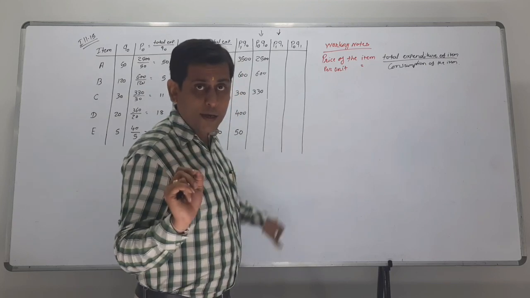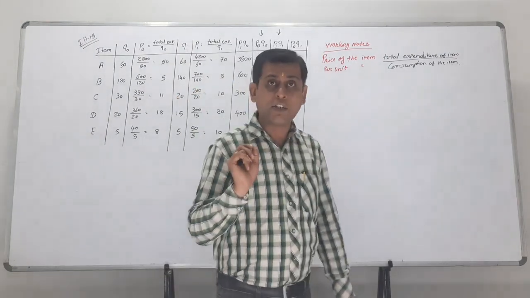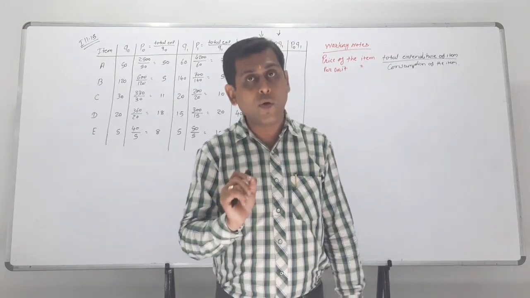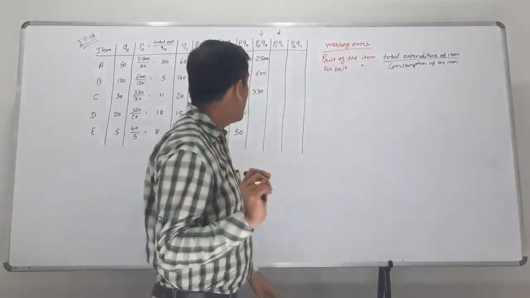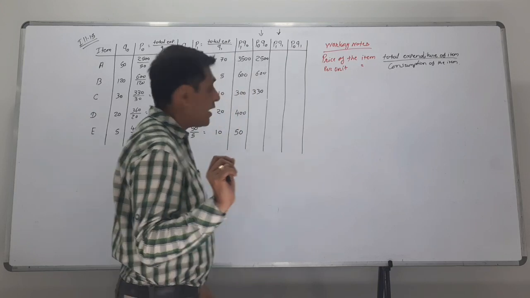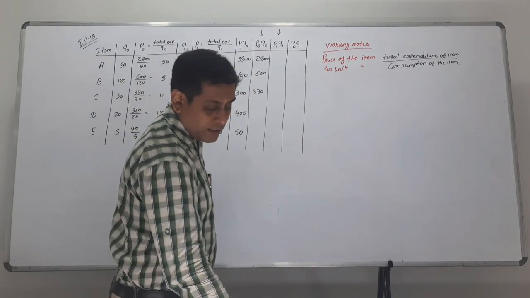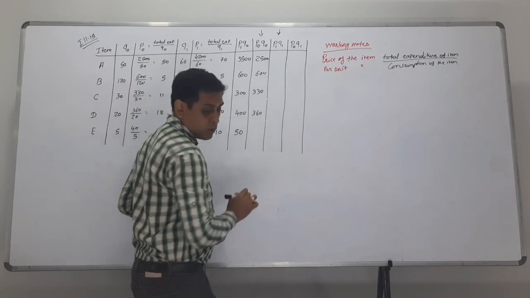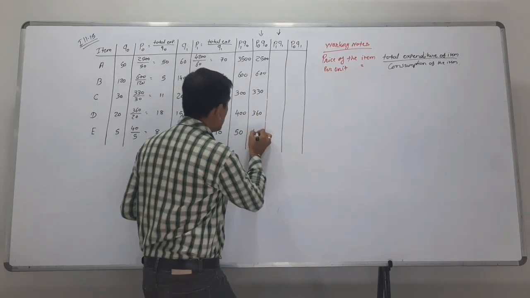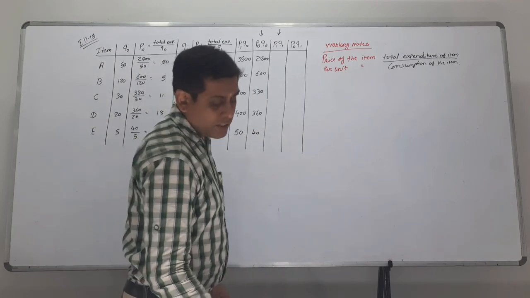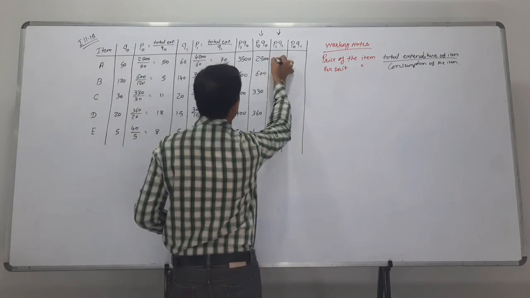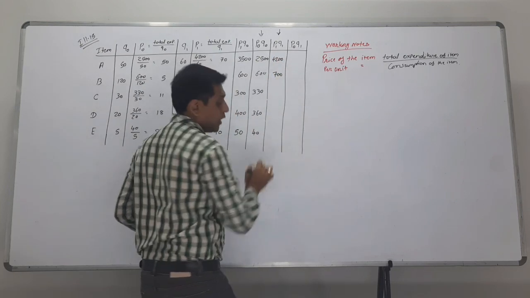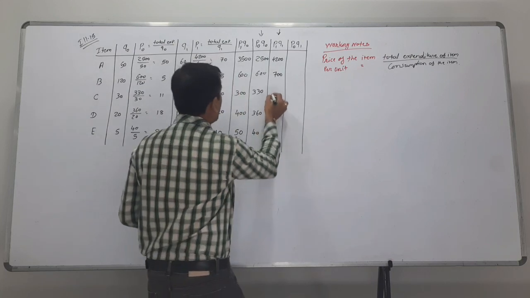So write that column directly: 2500, 600, 330, 360, and the last one is 40. Again, P1 Q1 is 4200, then 700, then 200, 300, 50.